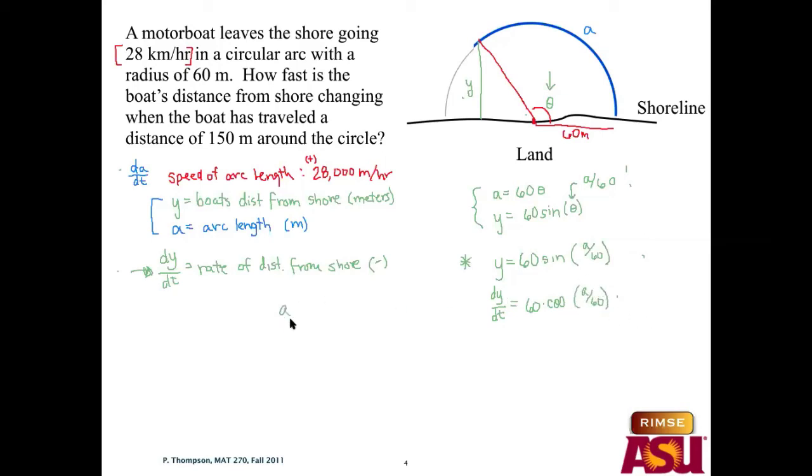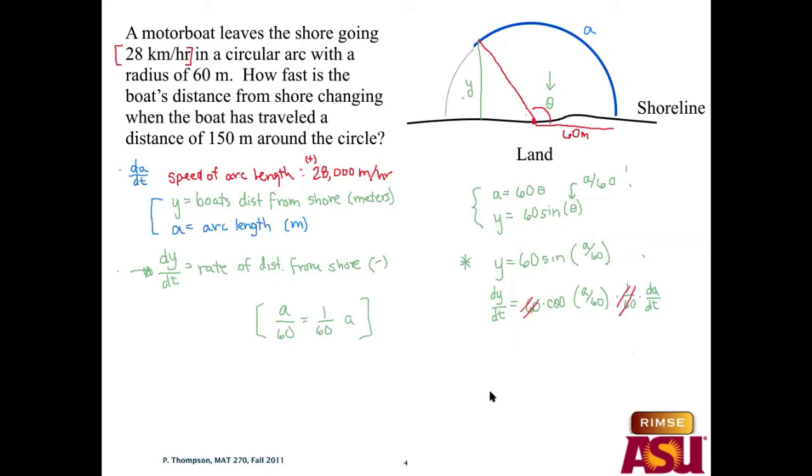Now, A over 60, remember, is the same as 1/60th A. So taking the derivative of this inside with respect to T, I get 1/60th times the derivative of A, which is dA dt. So just simplifying, 60 and 1 over 60, those are gone.